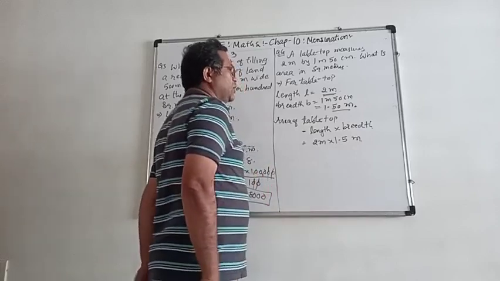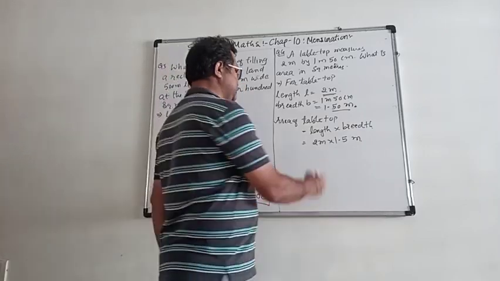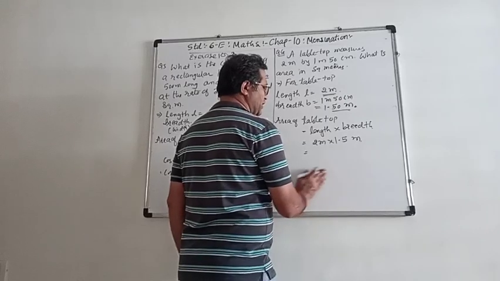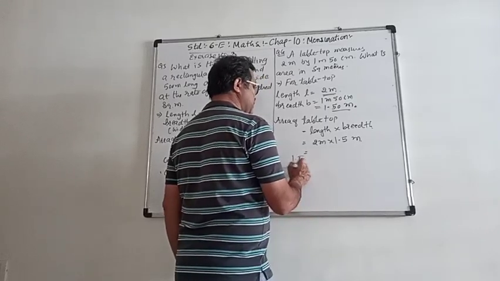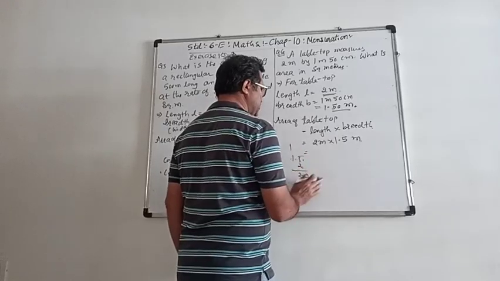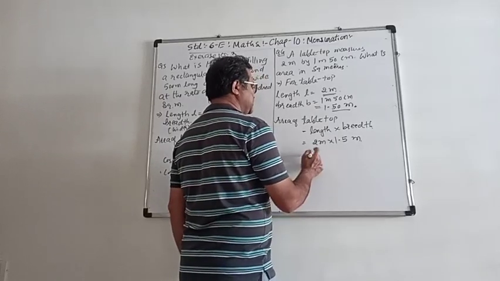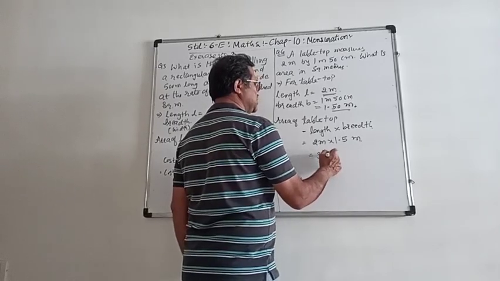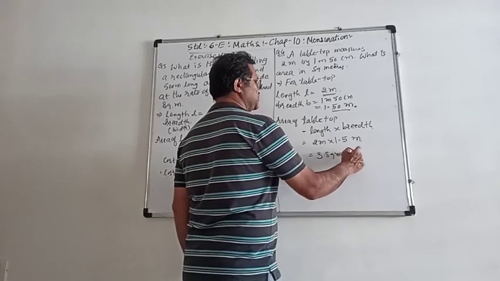The 0 you write down or not, it's not necessary. Now 2 meter multiplied by 1.5. So 5 2s are 10, 2 1s are 2 plus 1 is 3, 3.0 means 3. So the answer is 3 square meters.